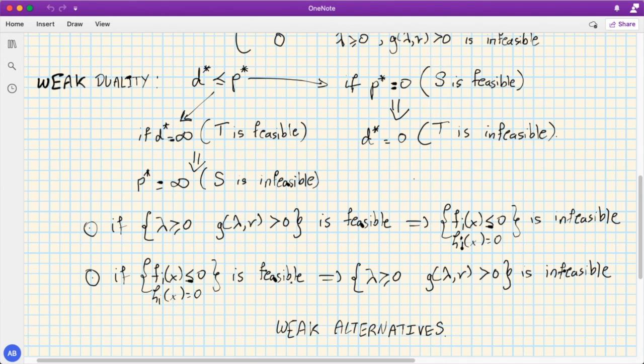This may turn out to be useful when working with inequality constraints that are numerically hard to compute. You might want to first take a look at the dual set, which we call T in this lecture. So T is this set over here, and S is this set over here.